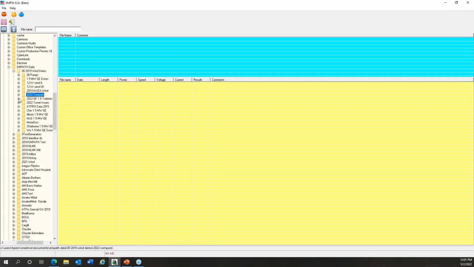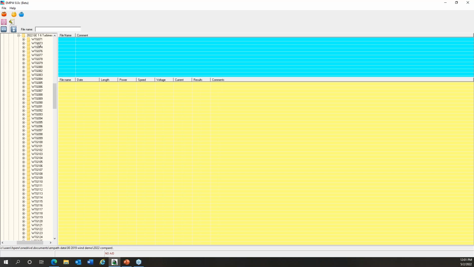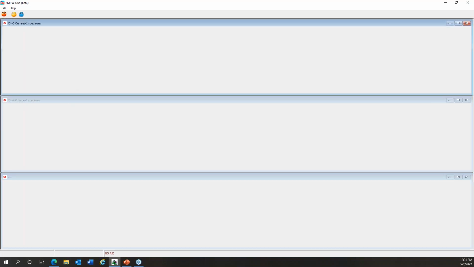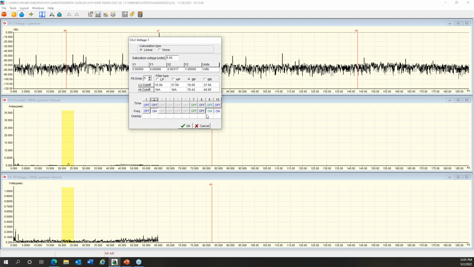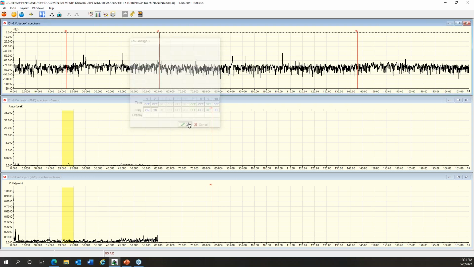And for those who are still here, let's go ahead and grab GE 1.6, the Nanjing gearbox. This is the difference. So what we're looking at here is a GE.